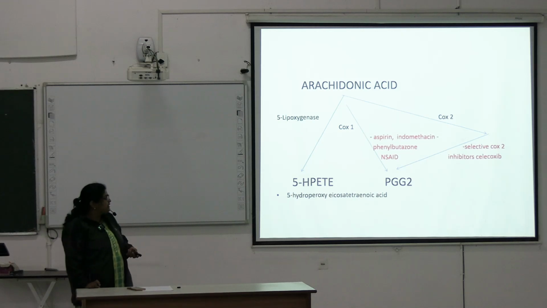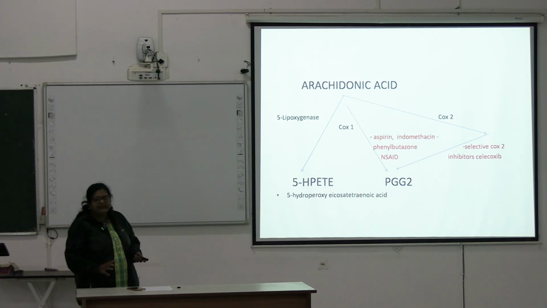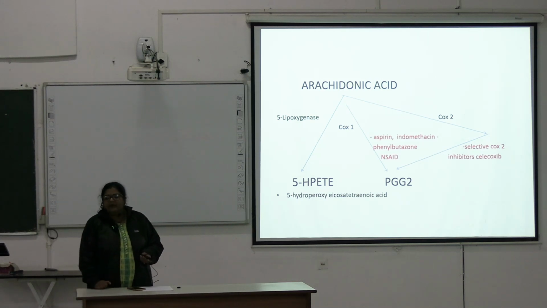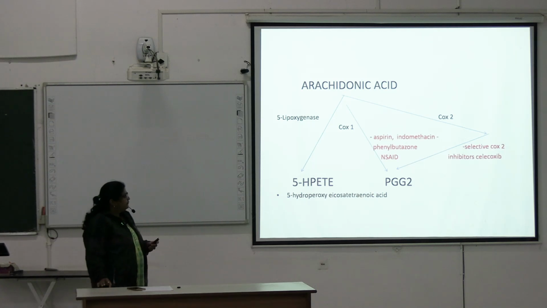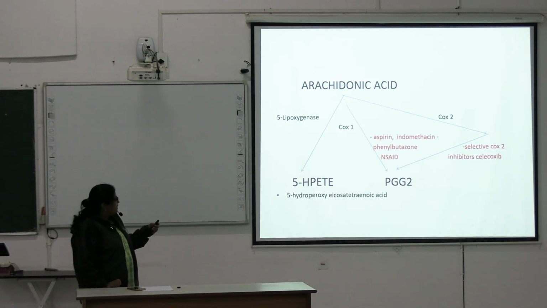The selective COX-2 inhibitor is celecoxib, used in orthopedic pain like rheumatoid arthritis, okay, severe pain, and this type of medicine is used, celecoxib.